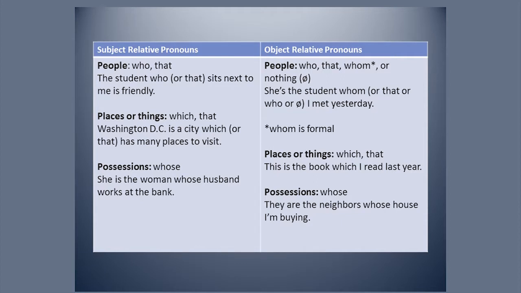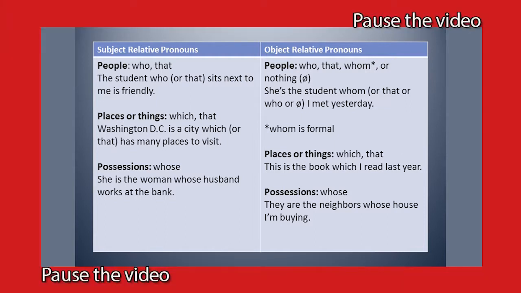This table will help you review how to form adjective clauses. Pause the video and take a few minutes to look it over. As you can see, you have many options when it comes to forming adjective clauses. For example, let's look at adjective clauses with object-relative pronouns.